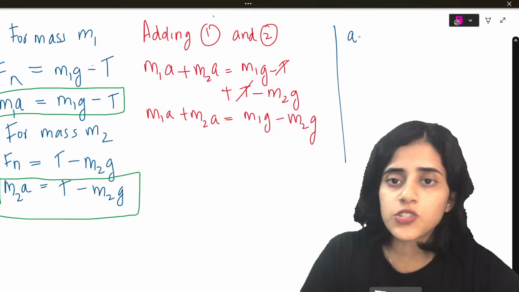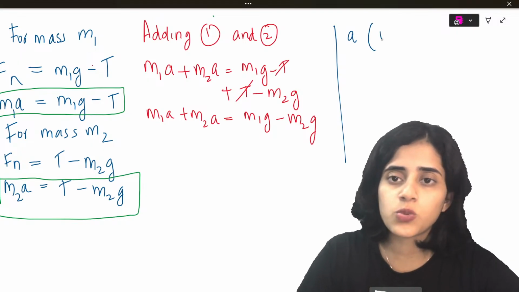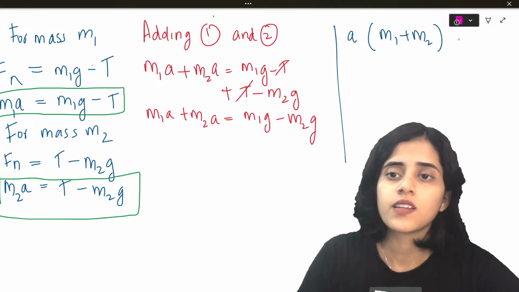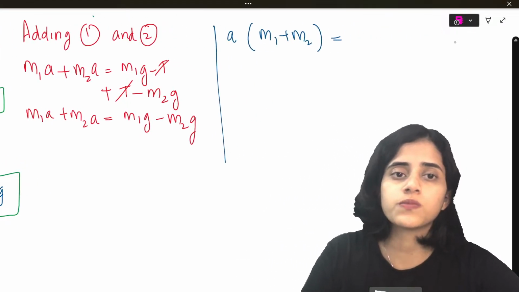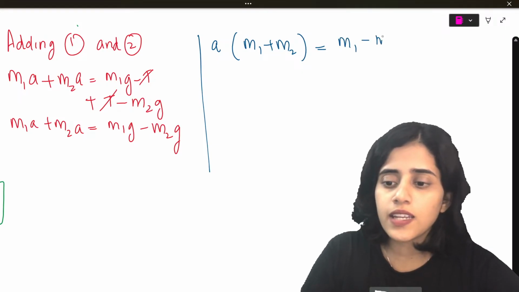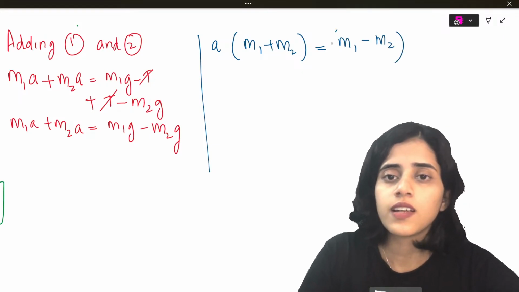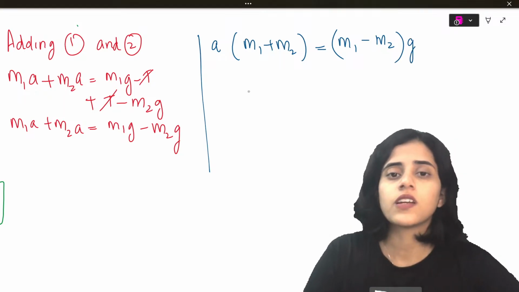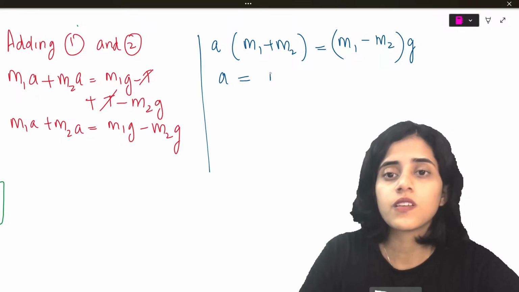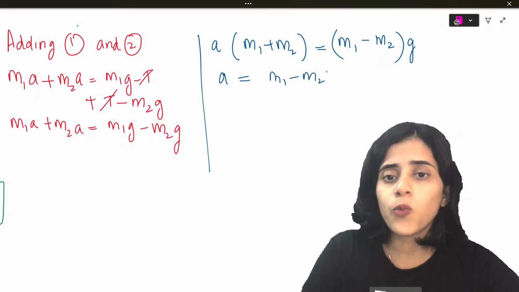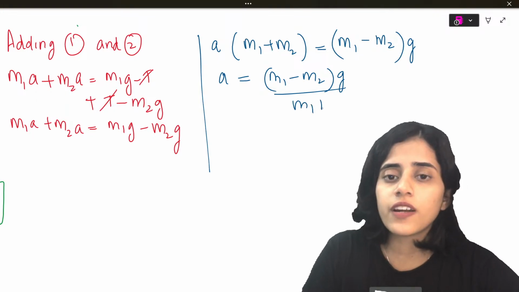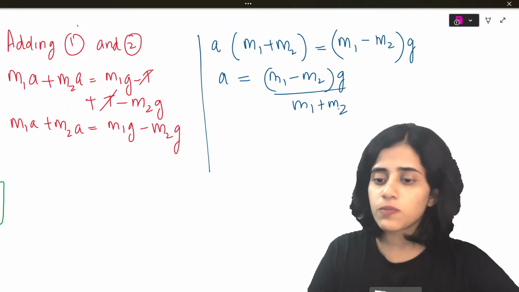Acceleration is common, so I will take that outside. So what remains? A times M1 plus M2 is equal to M1 minus M2, and G is also common. So from this, can't I clearly write acceleration is equal to M1 minus M2 into g, the whole divided by M1 plus M2?